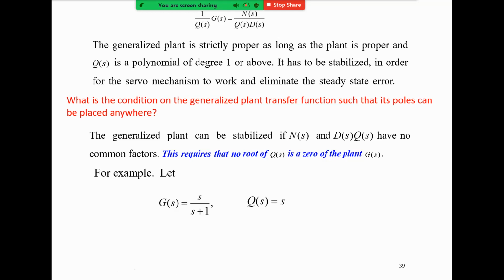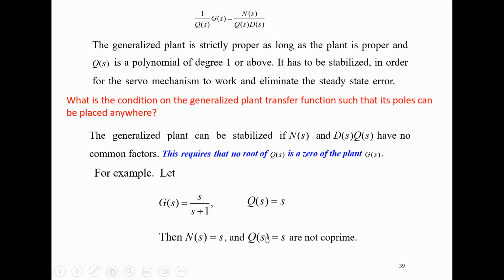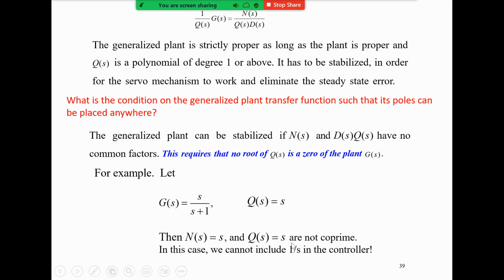Those are the unstable factors. In this case, it does not satisfy this condition, and we cannot include our 1/s in the controller. If we do that, the closed-loop system will be unstable.